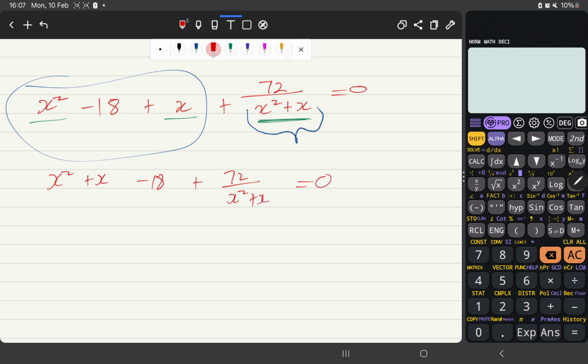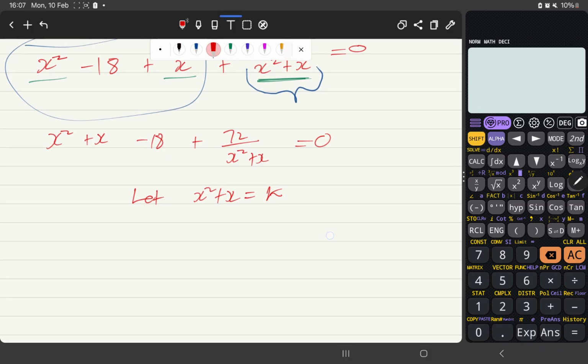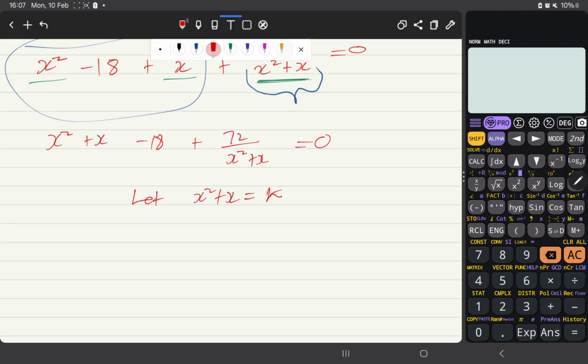From here on, now you can say let x squared plus x be k, right? Of which now we're just going to say we have k minus 18 plus 72 over k is equal to 0.